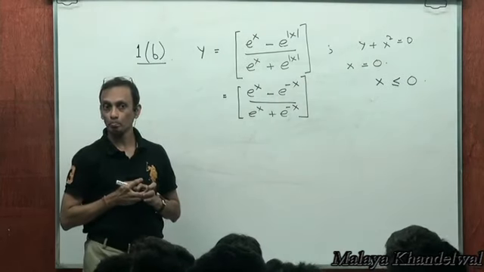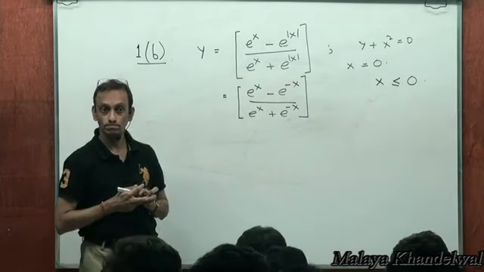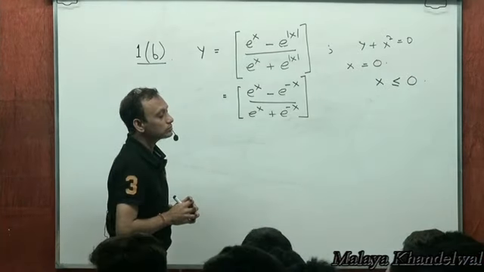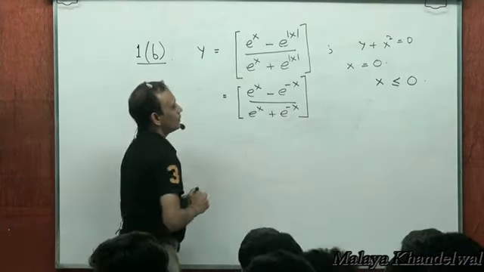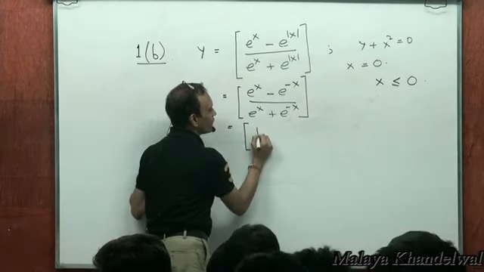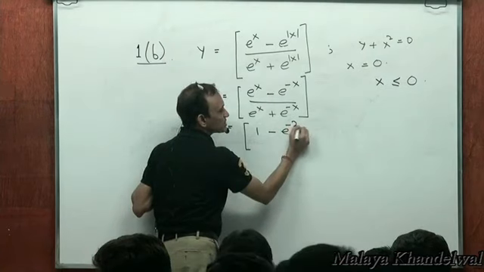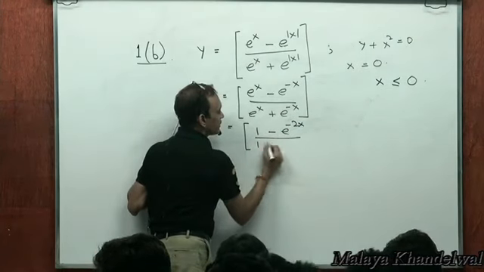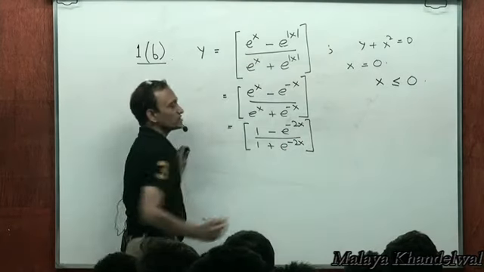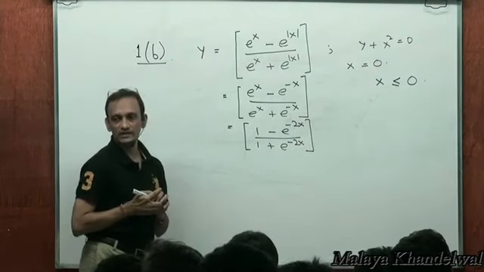Yes or no? This is like box of (1 minus e power minus 2x) divided by (1 plus e power minus 2x).